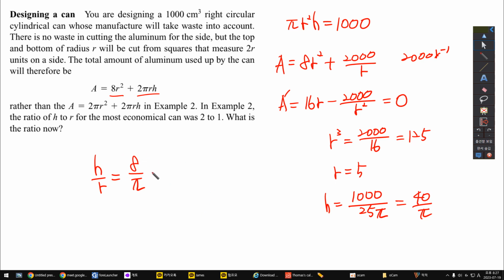So in this case, we need to make the cylindrical can a little taller, if we take the leftover into account.